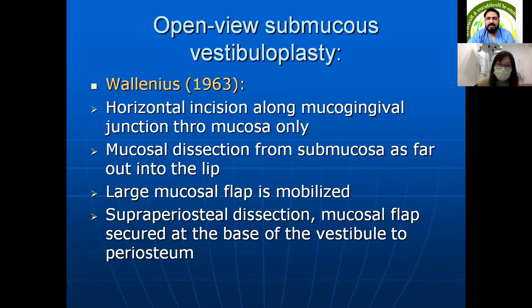Open view submucous vestibuloplasty. The horizontal incision is along the mucogingival junction through the mucosa only. Mucosal dissection from the submucosa is carried as far as onto the lip. A large mucosal flap is mobilized. Supraperiosteal dissection is done. The mucosal flap is secured at the base of the vestibule to the periosteum.